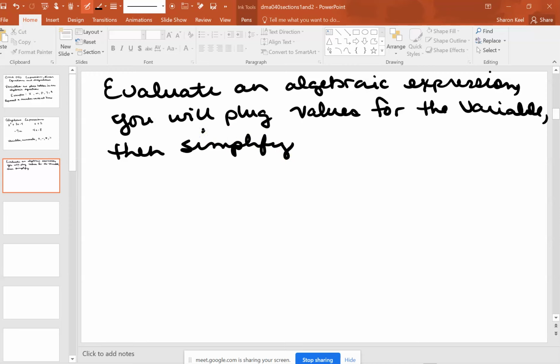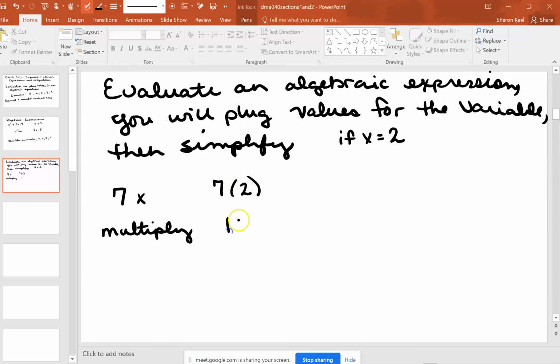So let me give you an example. An example that you might have would be, let's say, 7x. And if I tell you x is equal to 2, what that means is we have 7 times 2, because a number and a letter side by side means multiply. So 7 times 2 would simplify and give us 14.